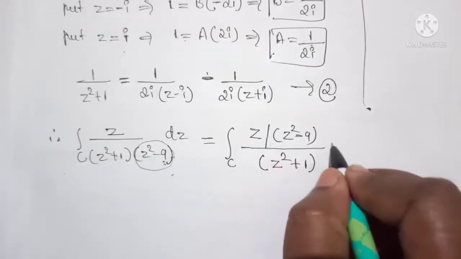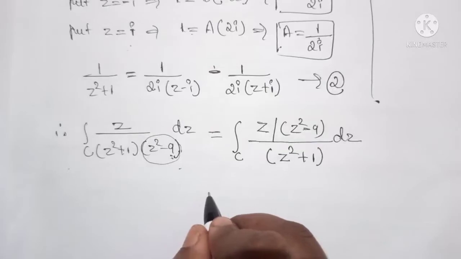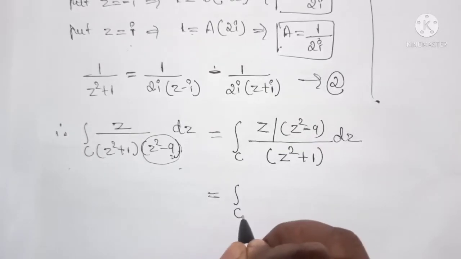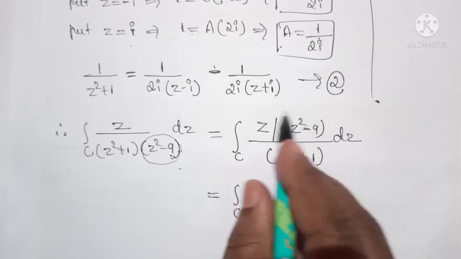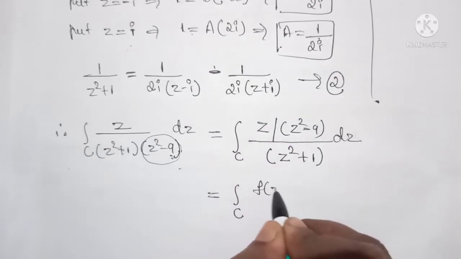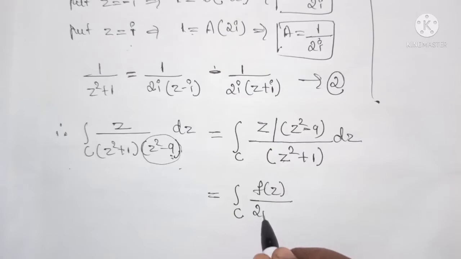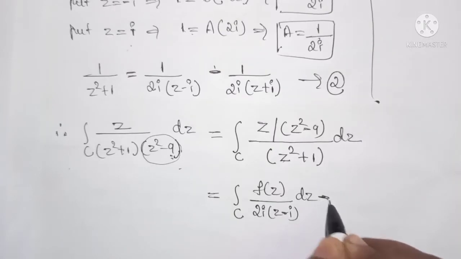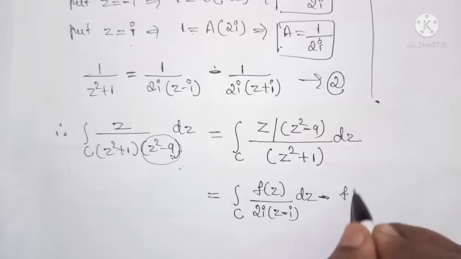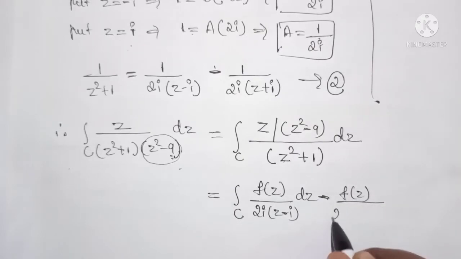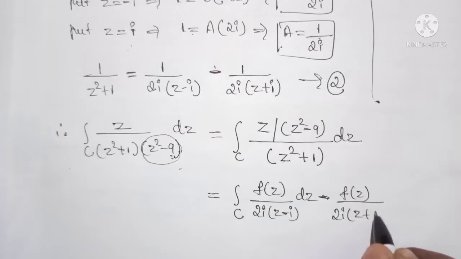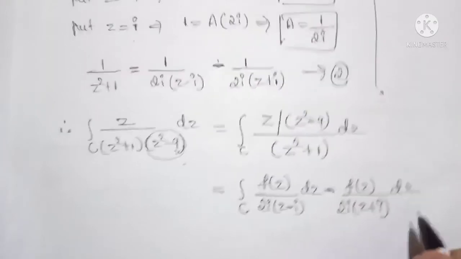So therefore this can be written as integral over C, we take this as f of z, f of z divided by 2i (z minus i) dz minus again f of z divided by 2i (z plus i) dz.